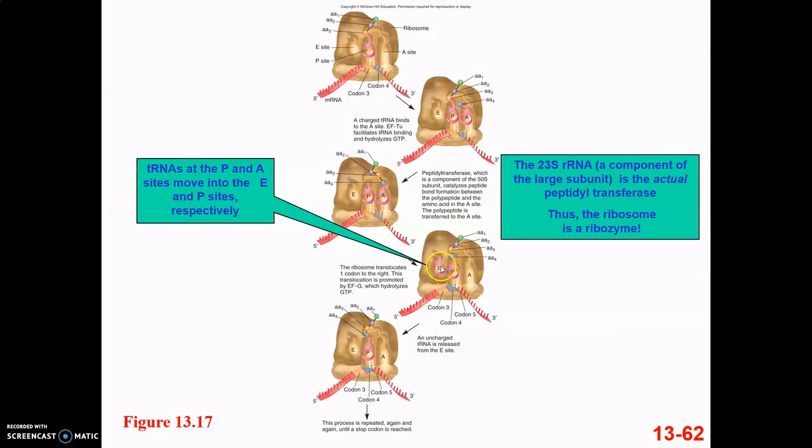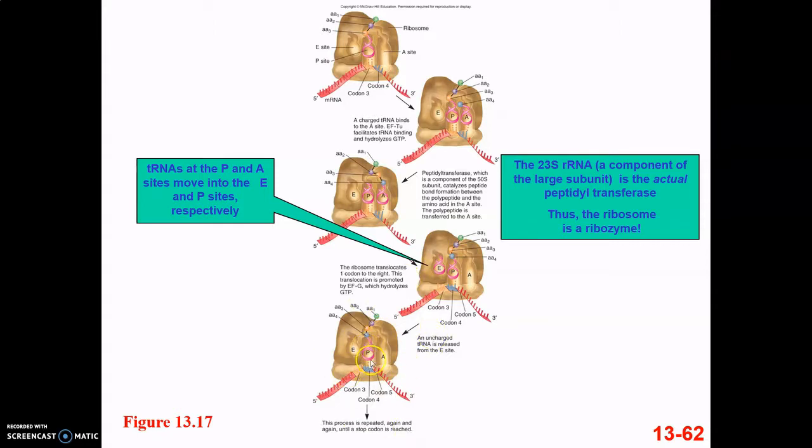Again, that seems like a complex thing, and it does in fact require burning more energy. Once that takes place, we can then release the spent transfer RNA from the E site, and that sets us up to repeat that process over and over again.